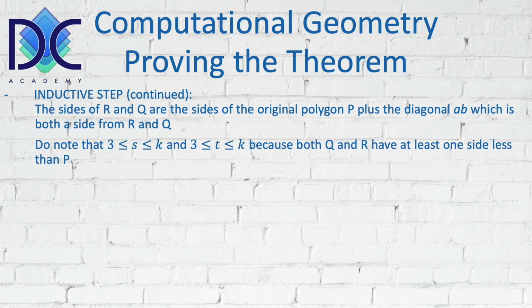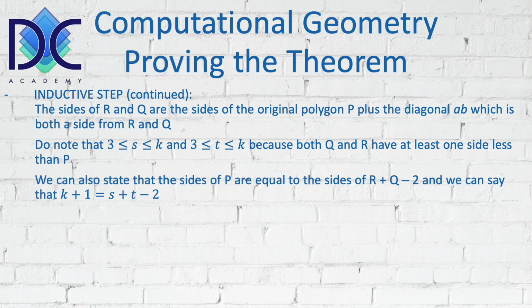We have to note that S is between 3 and K, and the same for T, it's also between 3 and K, because Q and R have at least one side less than P. We can also state that the sides of P are equal to the sides of R plus Q minus 2, and we can say that K plus 1 is equal to S plus T minus 2.